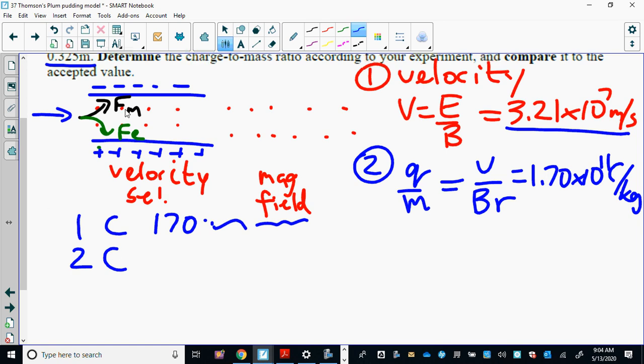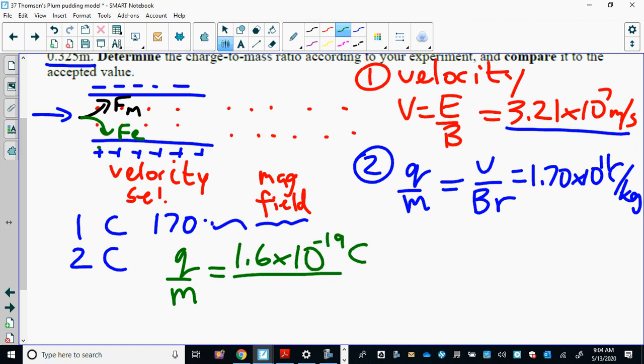And then the last part of the question says, determine and compare it to the accepted value. So the accepted value of charge to mass: we know from our formula sheet that this is the charge of an electron, and this is the mass of an electron.